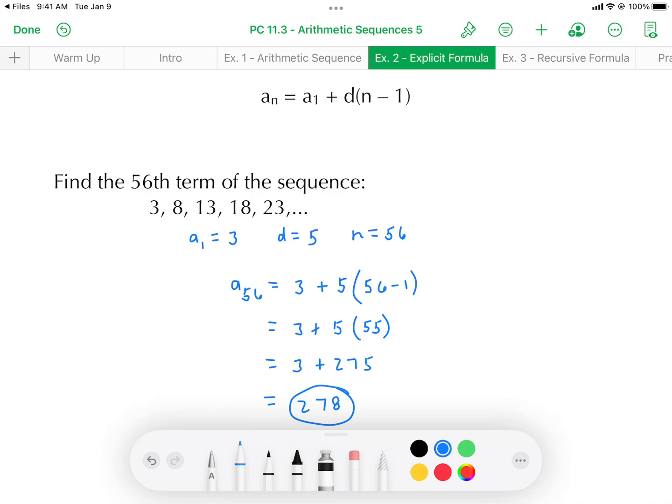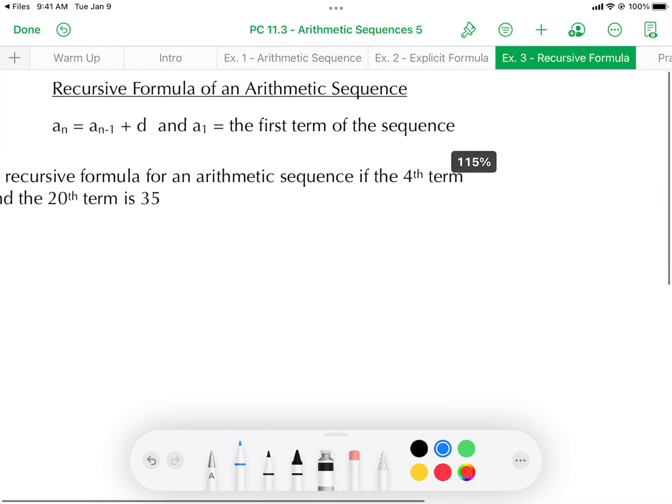All right, well, what about the recursive formula for an arithmetic sequence? Remember, recursive formulas, we are defining any given term of the sequence by a previous term in the sequence, right? Typically, it's like the term directly before the one you're trying to find. So for arithmetic, that just means take the previous term, add d to it, okay? So that's what we're seeing here.